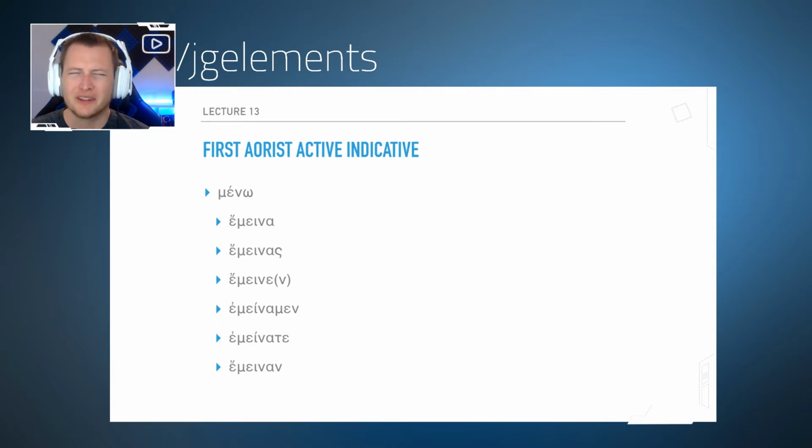I want to say it often happens with liquids, especially with nu ending. Don't quote me on that, though. So, what is this? I remain, I think. I can't remember. I think it's I remain. So, I remained, you remained, he remained, we remained, you all remained, and they remained, I think. I should know this, but I forgot.